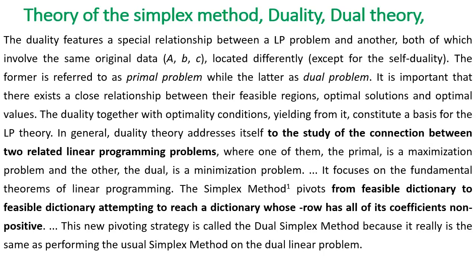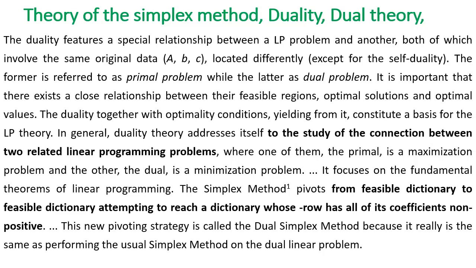In the dual method, some constraints are not in the form of inequality; they are in the form of equality. Then we introduce an artificial variable in the equality constraints, and we change the other inequalities into equalities. So in the dual theory problem, we have slack variables as well as artificial variables.